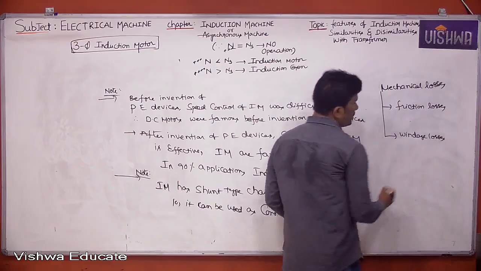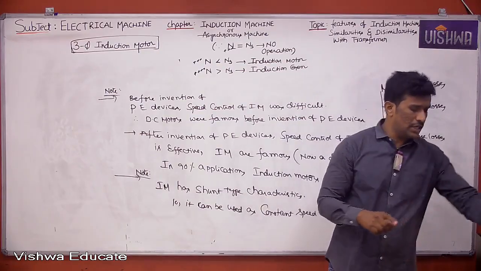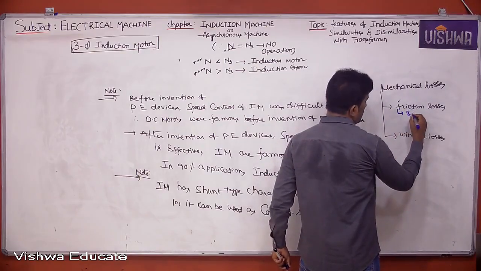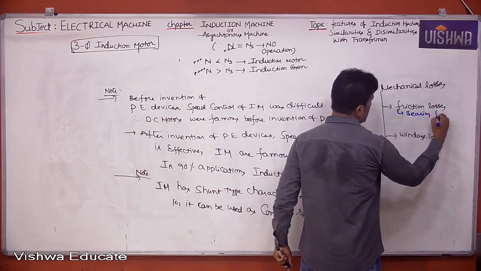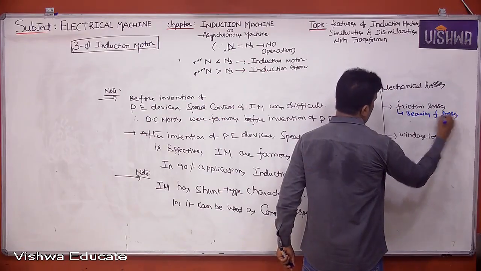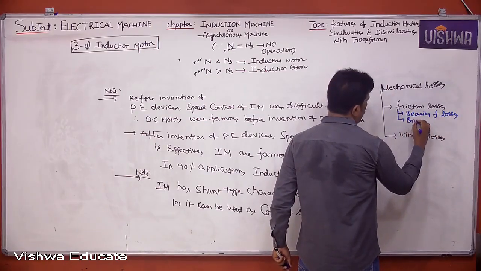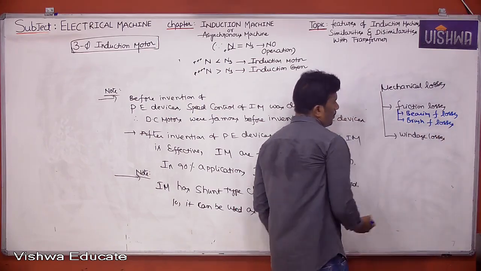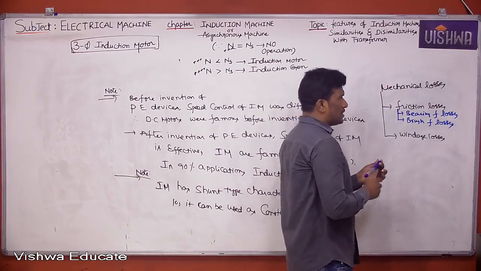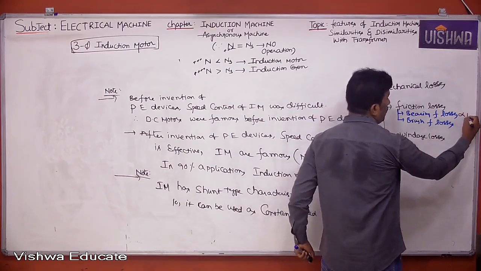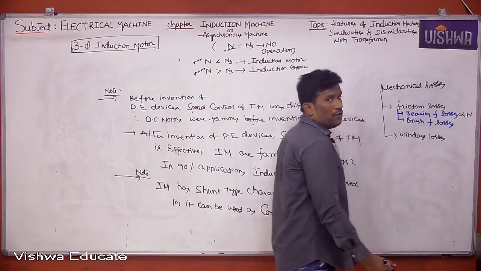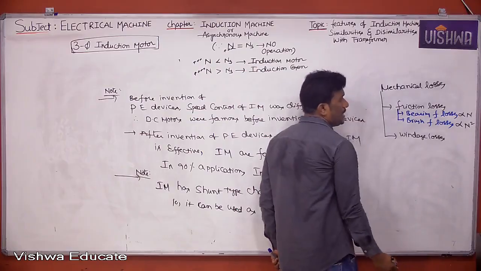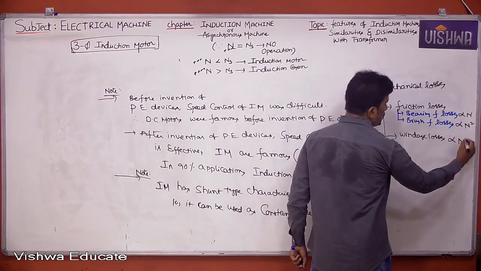In friction loss also, we have two classifications: bearing friction losses and brush friction losses. Bearing friction loss is proportional to the speed of the motor, brush friction loss is proportional to the speed squared, and windage loss is proportional to the speed cubed. This you have to remember.